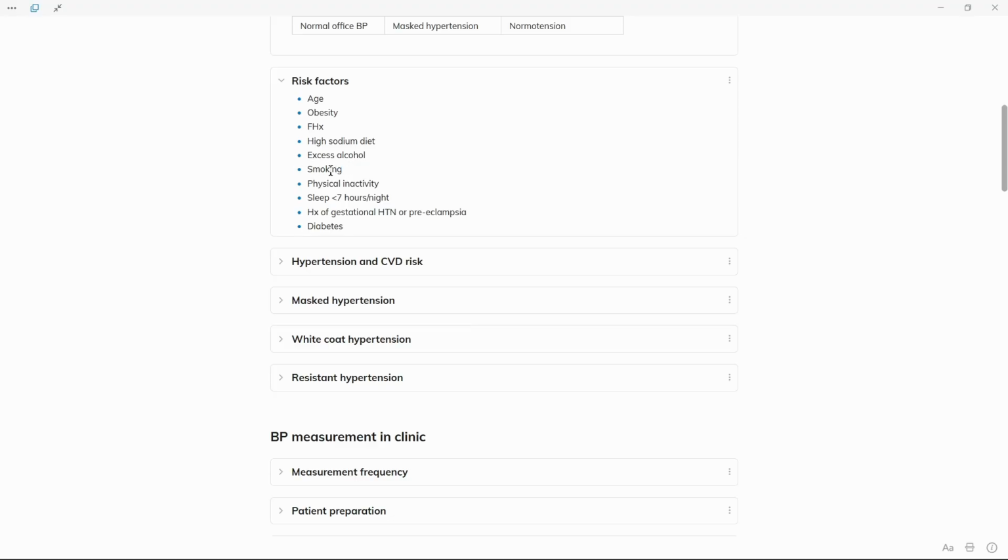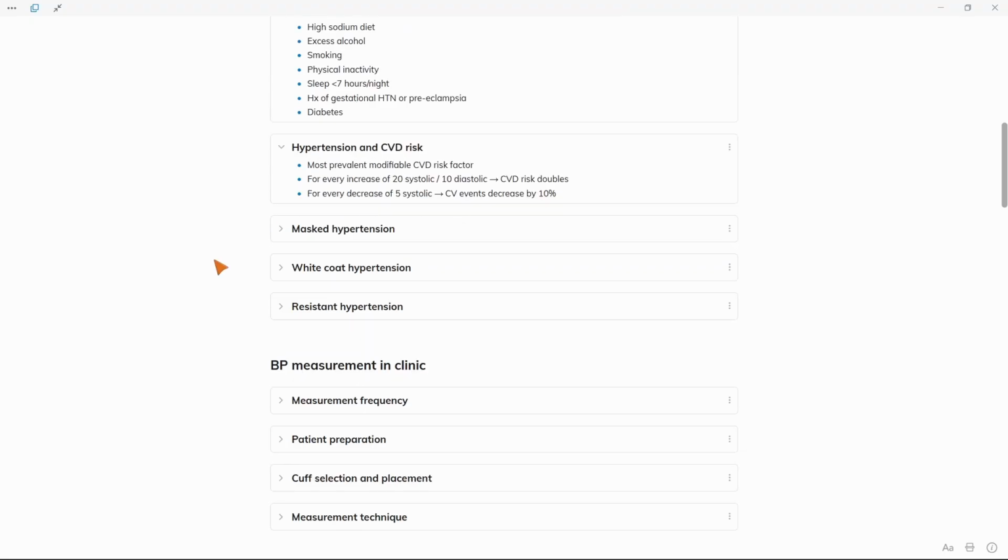Smoking also stimulates the sympathetic nervous system and also causes inflammation and direct damage to the vascular endothelium. Physical inactivity, sleep deprivation, a history of gestational hypertension or preeclampsia also predisposes you to developing chronic hypertension outside of pregnancy, and diabetes as well.